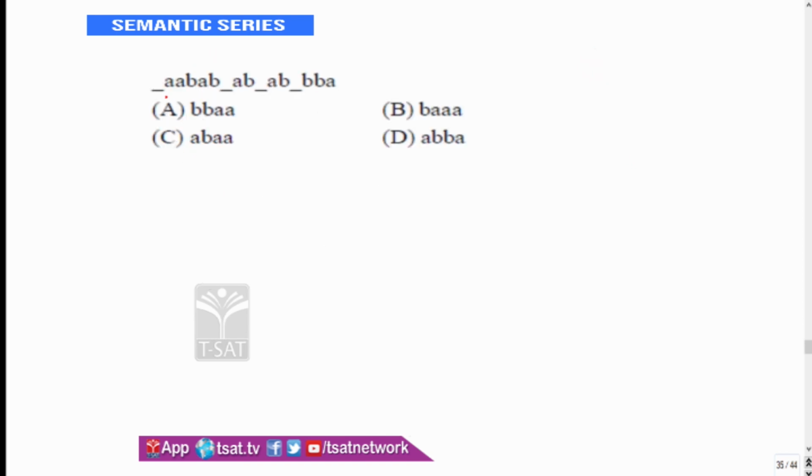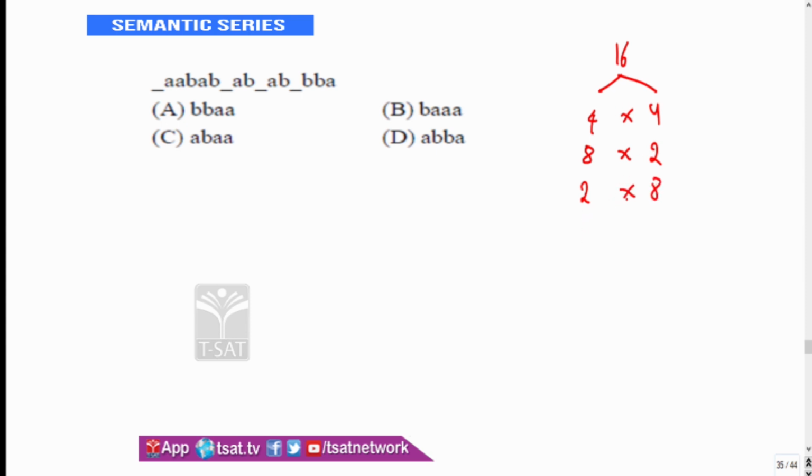Next question. First, I said that you have to count how many letters there are: 1, 2, 3, 4, 5, 6, 7, 8, 9, 10, 11, 12, 13, 14, 15, 16 are there. Whenever 16 letters are there, we can divide it into 4 blocks repeating 4 times, or 8 blocks repeating 2 times, or 2 blocks repeating 8 times.